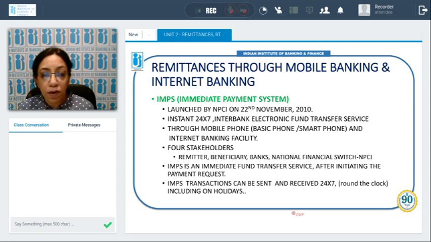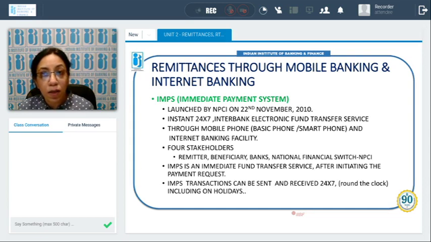Interbank electronic fund transfer can happen through this. This can be done through mobile phone, which can be a basic phone or a smartphone, and through internet banking facility. There are four stakeholders, meaning four participants in this type of remittance: remitter, beneficiary, banks, and National Fund Switch, that is NPCI.